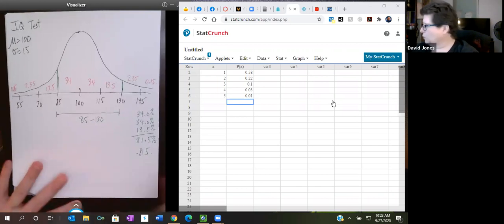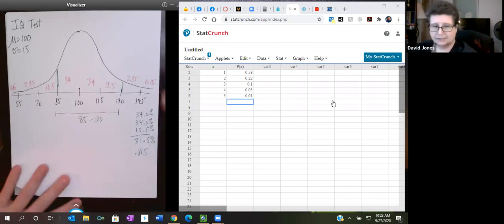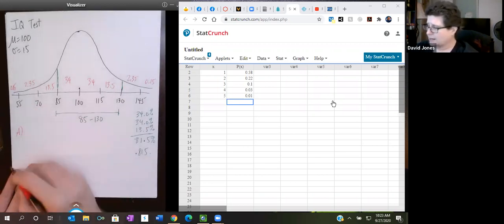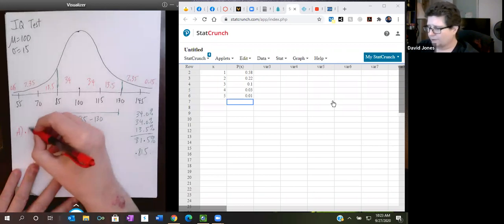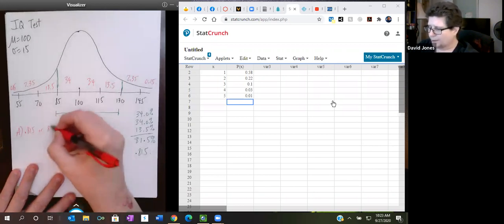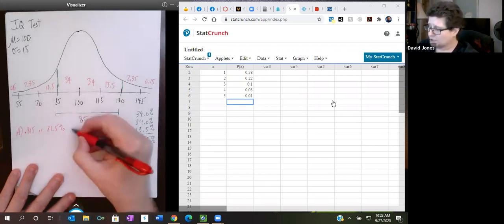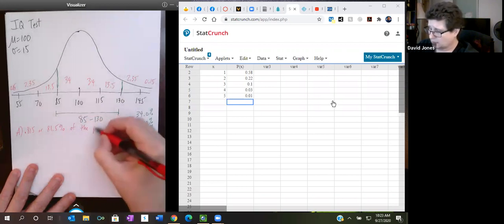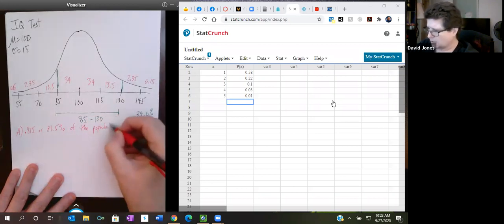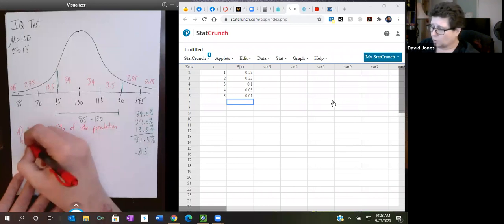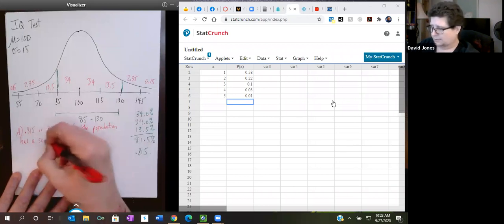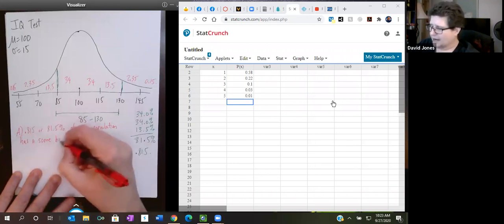So what it means is, we can interpret this two ways. A, 0.815 or 81.5% of the population has a score between 85 and 130.